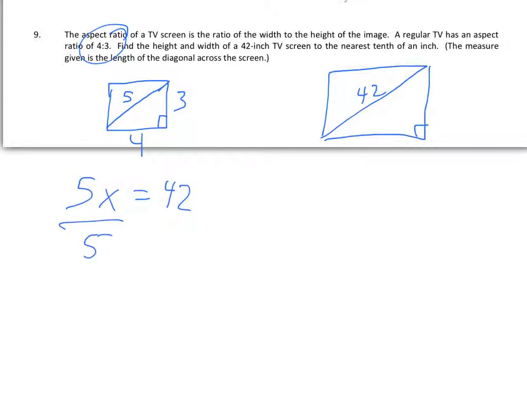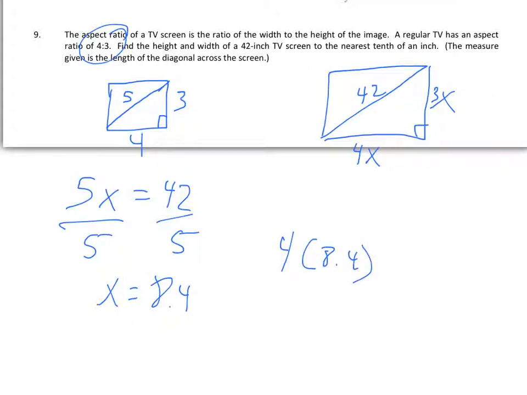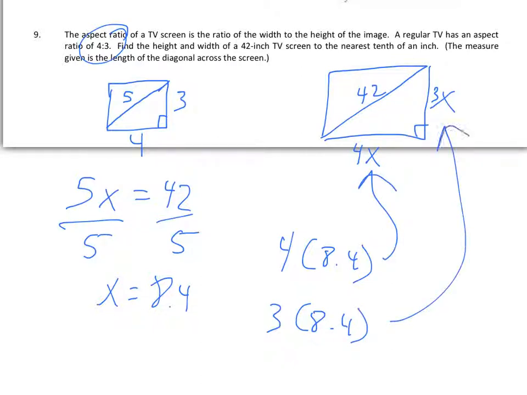We can figure out what that constant is, and we end up seeing that it is 8.4, which now means we can find the width and the height by multiplying 8.4 times 4, so 4 times 8.4, and then 3 times 8.4, and those will give you your width and your height. And I'll let you figure those out.